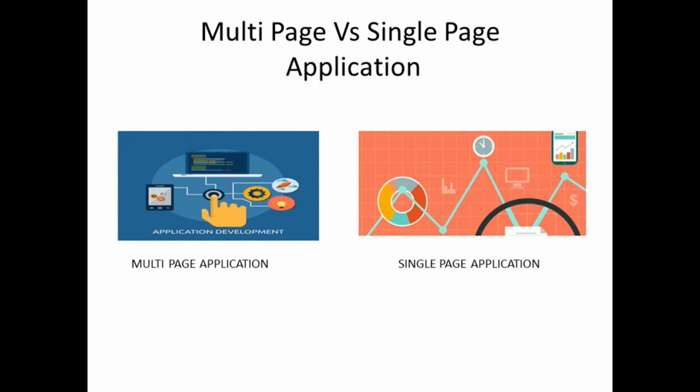Now let us look at different types of web application. A web application or a web page could either be a multi-page application or a single page application. Let us take the same example of the hotel that we saw in the previous slides. When you enter the hotel, you are ideally greeted and seated by the server.